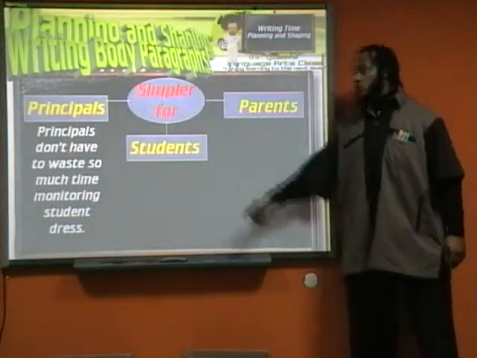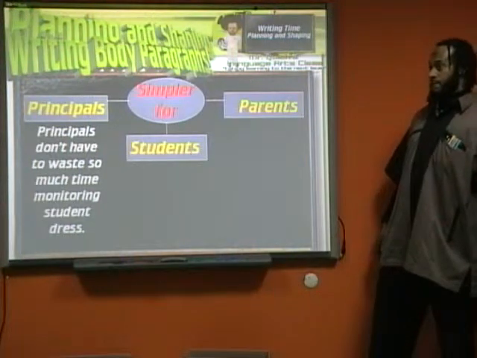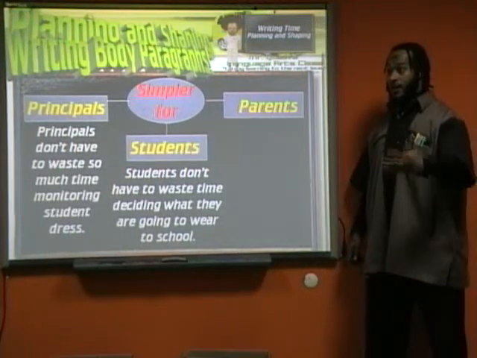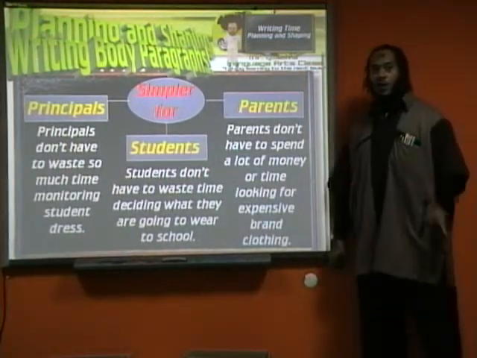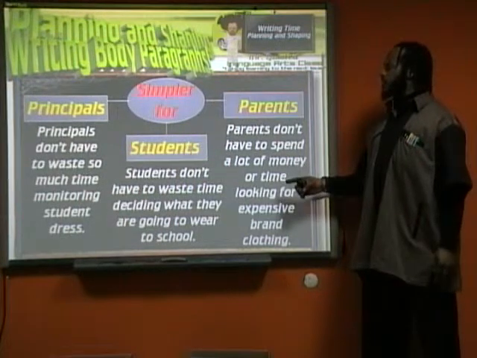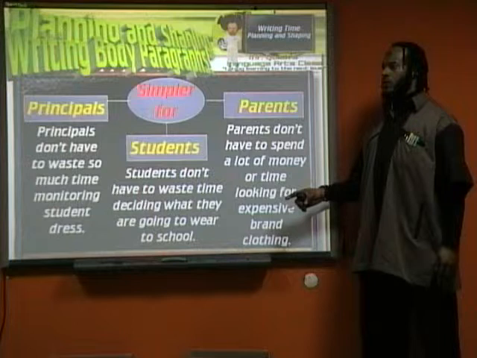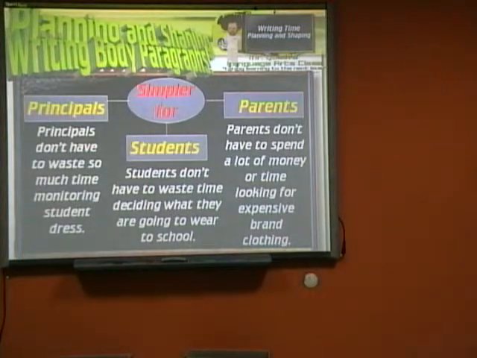Well, how is it simpler for the students? Just wear what you have to wear, what they get to wear every day. How about parents? There we go. Now, where would we put all of that stuff? Right. There you go. Write it.